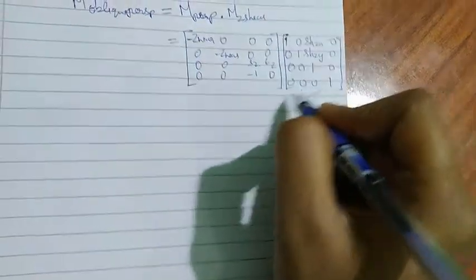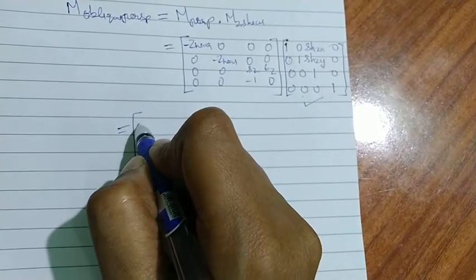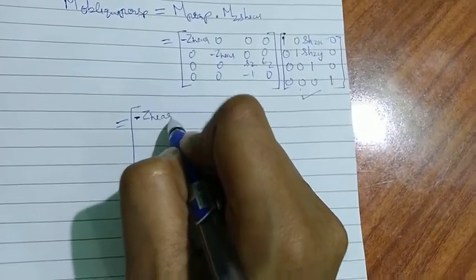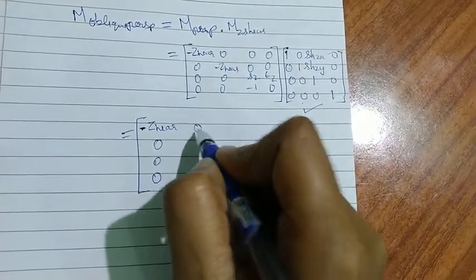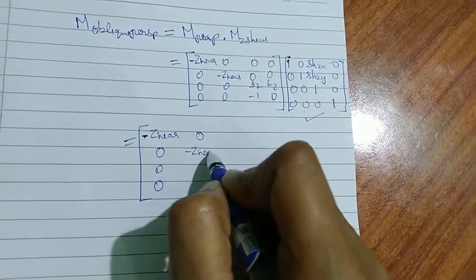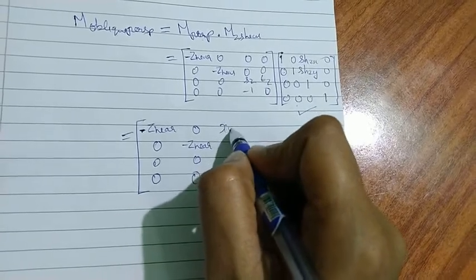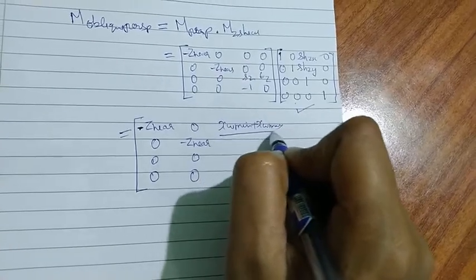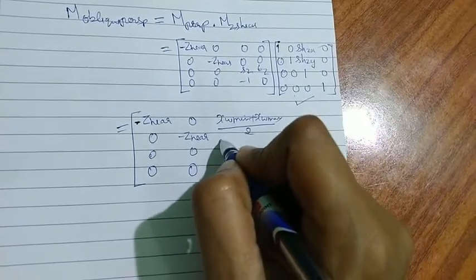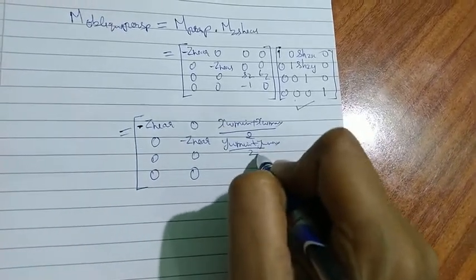So if you substitute the same thing in this matrix and perform multiplication, we will end up with the overall matrix for mapping the oblique projection to the parallelepiped, that is, orthographic projection. xw min plus xw max divided by 2, and we have yw min plus yw max divided by 2.